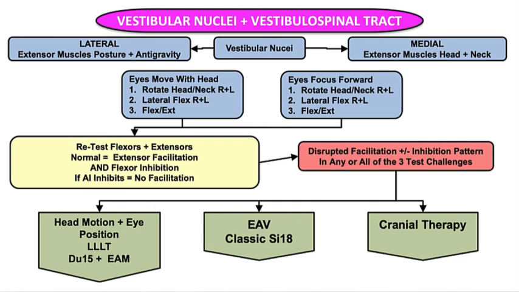If there's any disruption in the normal facilitation and inhibition patterns in any or all 3 of the test challenges, then there are 3 specific things we can do to treat. First of all, we're going to treat with a functional neurological approach. We're going to do head motion and eye position using laser therapy on the labyrinth in the vestibular system through the external auditory meatus and at the brainstem at DU 15.